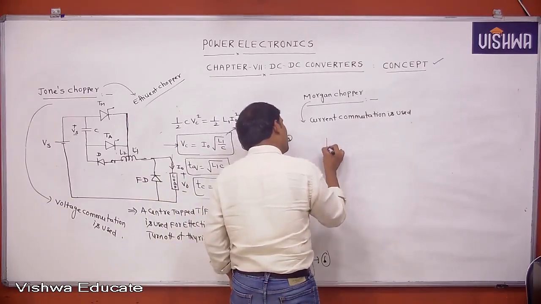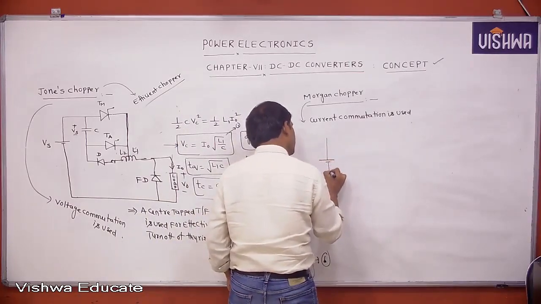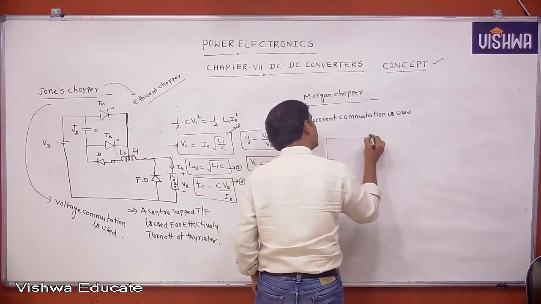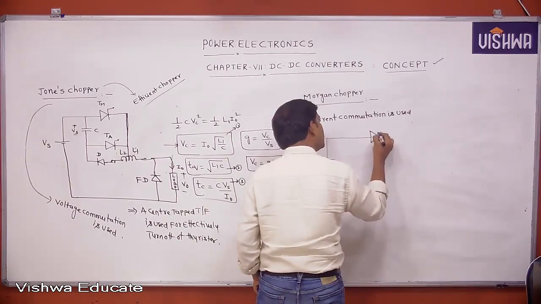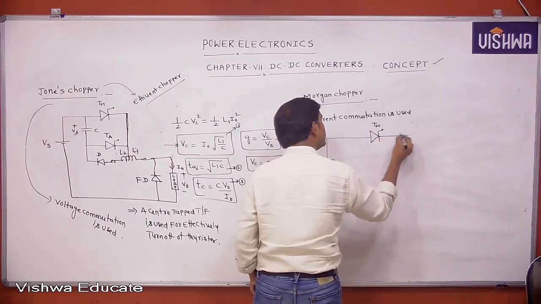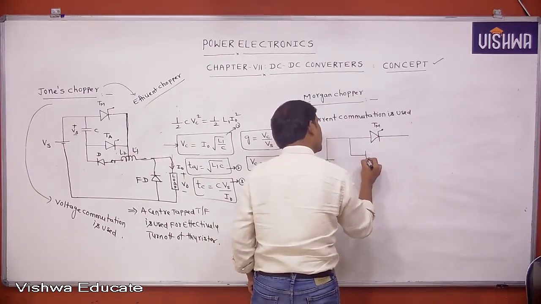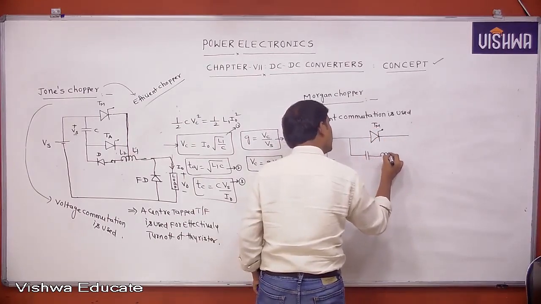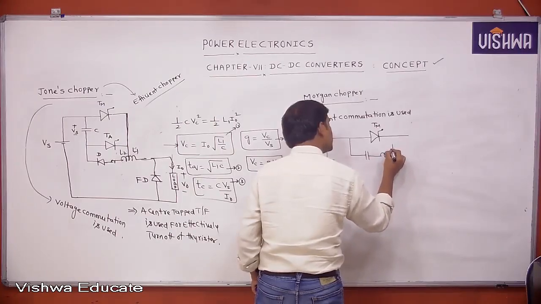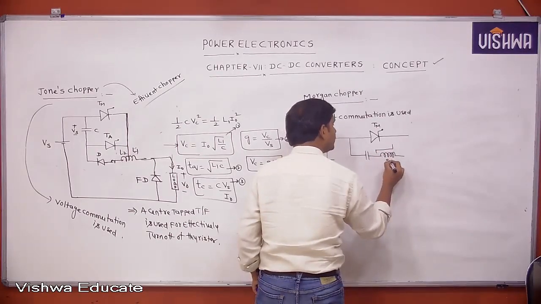Then what is the circuit of Morgan chopper? This is the circuit we are using for Morgan chopper. This is the main thyristor. And it consists of one capacitor. And it consists of one saturable reactor.